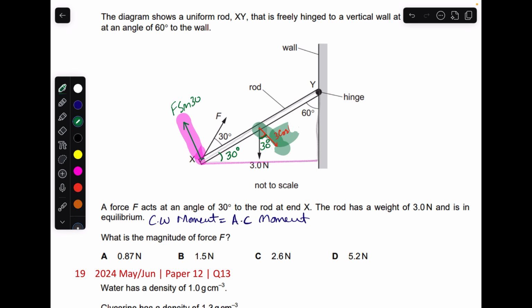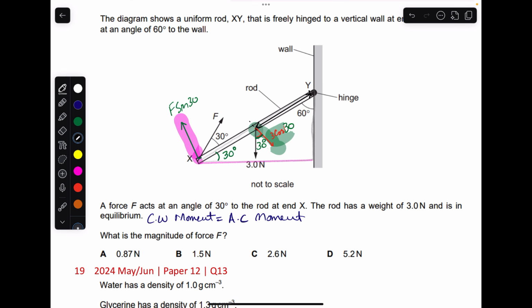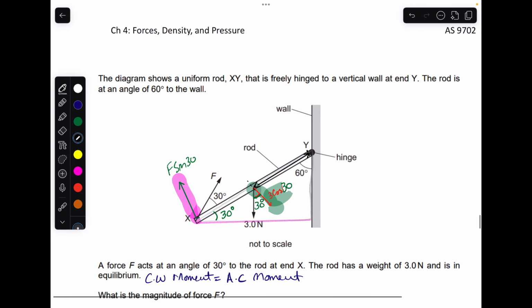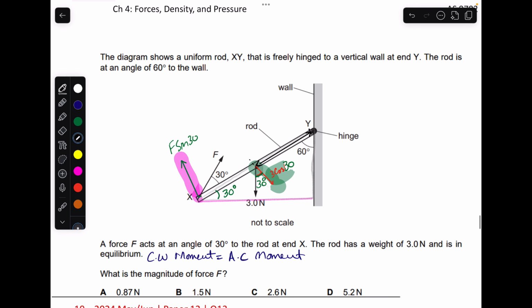3 cos 30. Okay. Now we need the distance from this point to the pivot point, right? To find the moment, let's work out the total length of the rod. Is it given to us? No, it's not given.